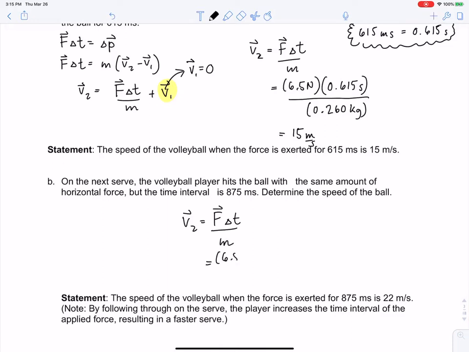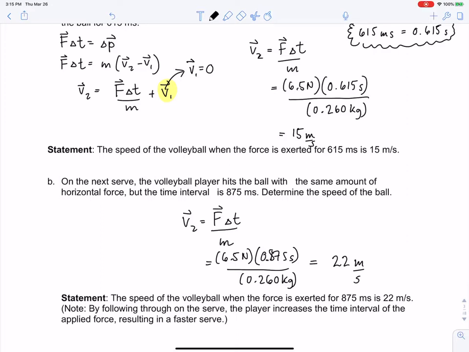Force is the same. Now we're dealing with 0.875 seconds. And the mass again is 0.260 kilograms. If we punch this into our calculator, we end up with a greater speed, 22 meters per second.